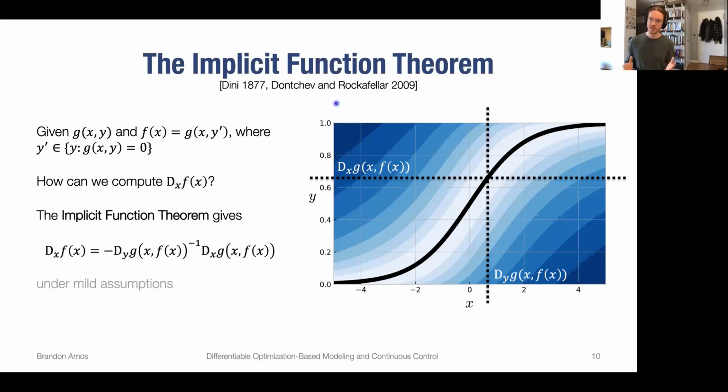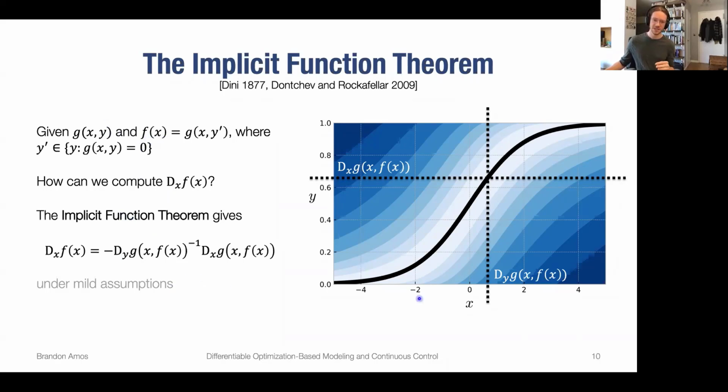And the implicit function theorem says, okay, we have a function f, which is defined as the roots of this g function. And we might not have a closed form solution to what f is, but we know what g is. And the implicit function theorem gives a way of computing the derivatives through f with respect to x in this way.